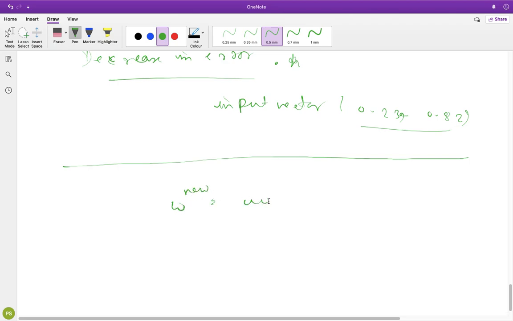W new is equal to W old minus learning rate times the derivative of E with respect to W. You can write it mathematically as W changes to W minus eta times delta E by delta W. In this question we have used only the logistic activation function. It's also possible to use any other activation function you want.